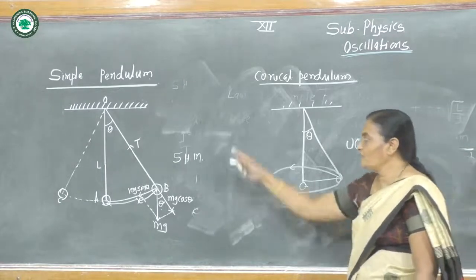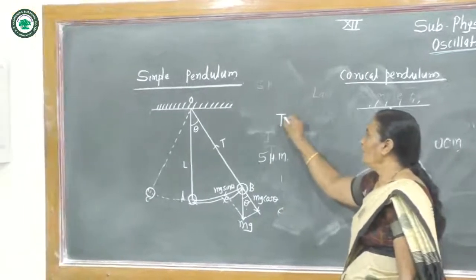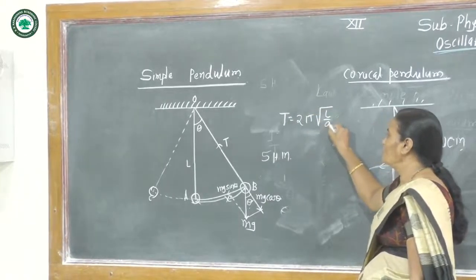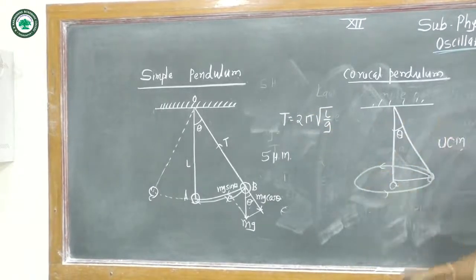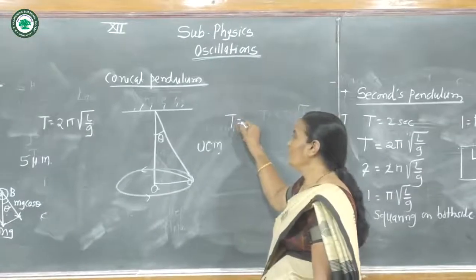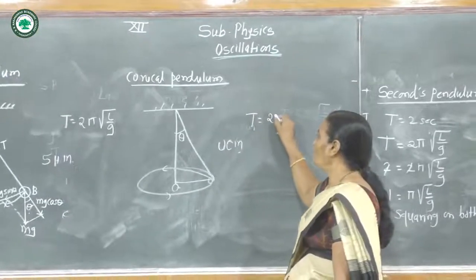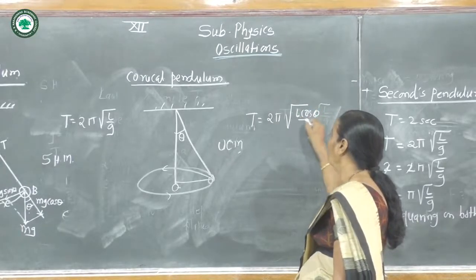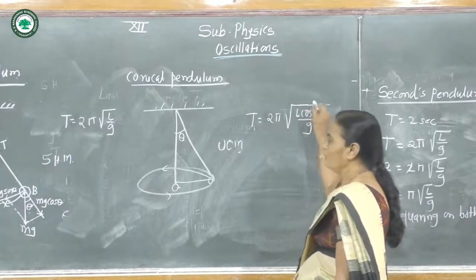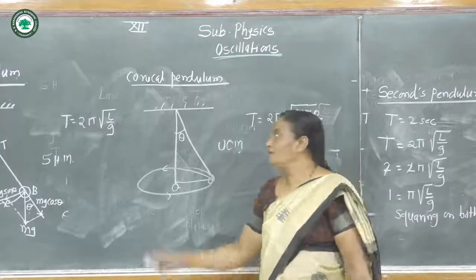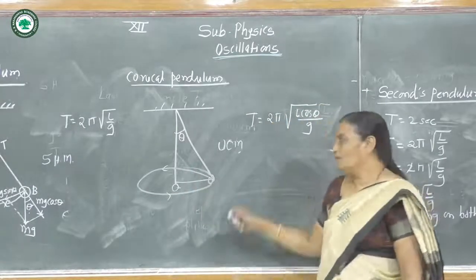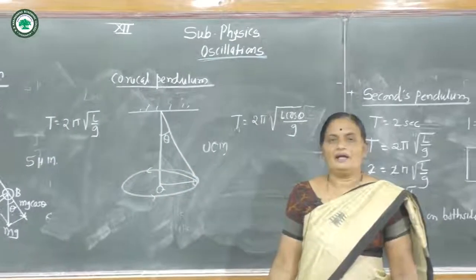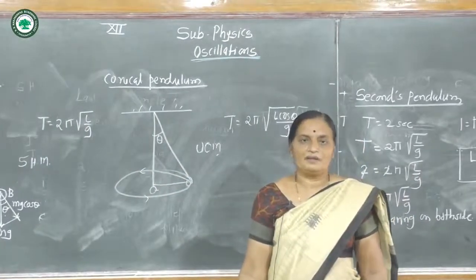The period of simple pendulum is given by T is equal to 2 pi under root L upon G. The period of conical pendulum is given by 2 pi under root L cos theta divided by G. This is all about simple pendulum and conical pendulum. In this topic, we only study the simple pendulum and period of simple pendulum. Thank you.